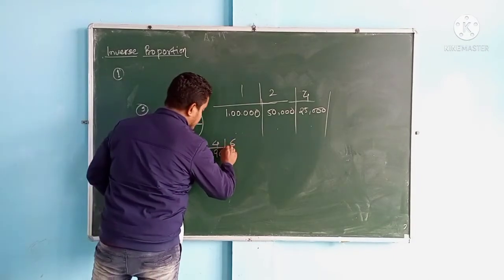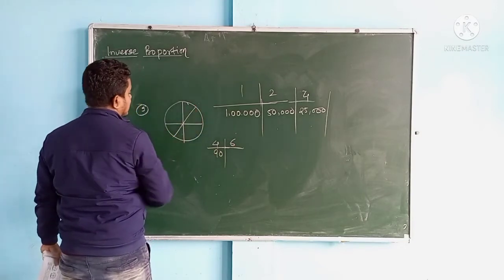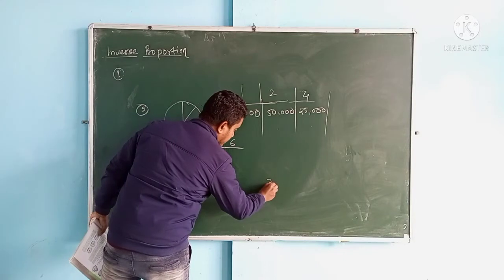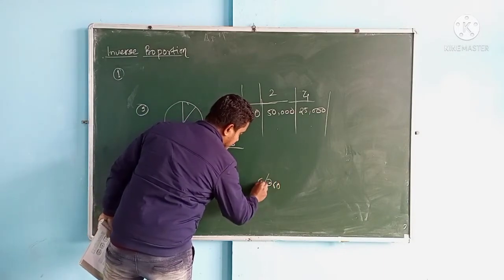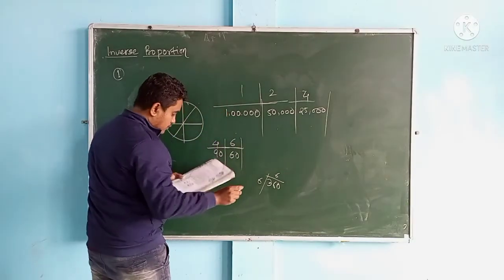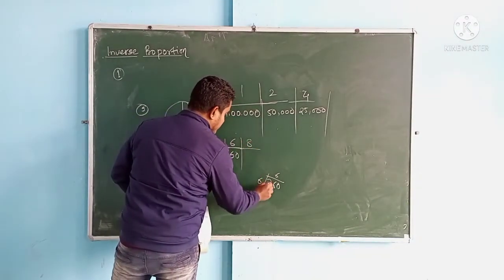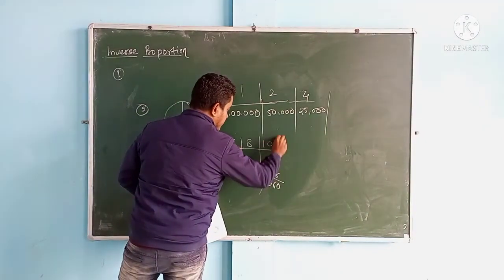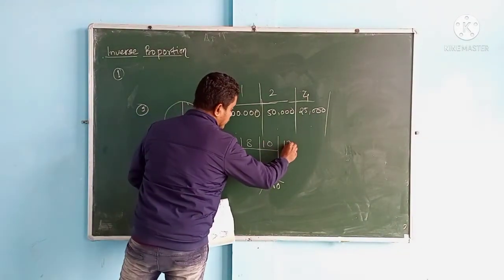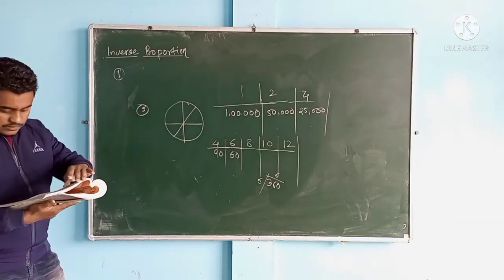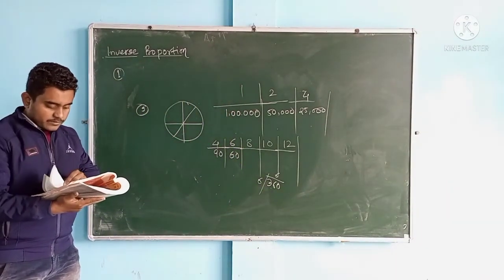For 6 spokes, divide the total angle 360 degrees by 6, which is equal to 60 degrees. For 8 spokes, divide 360 by 8. For 10 spokes, divide 360 by 10. Similarly for 12 spokes, divide 360 by 12. In this way you can calculate and complete the table.